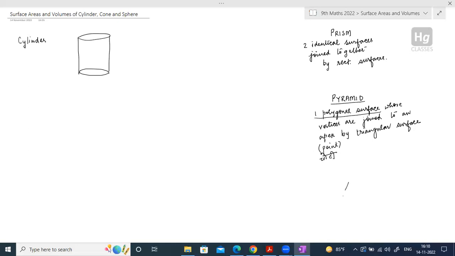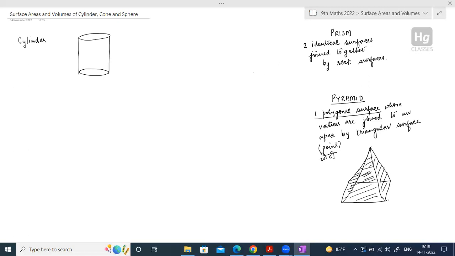If I take a parallelogram as a base, which is a polygon, and take an apex at the top, and join this apex to each vertex of the base, you will get something like this, right? And each surface that you get is what? Isn't it a triangle? We got four surfaces because there were four edges at the bottom. We got four triangles.